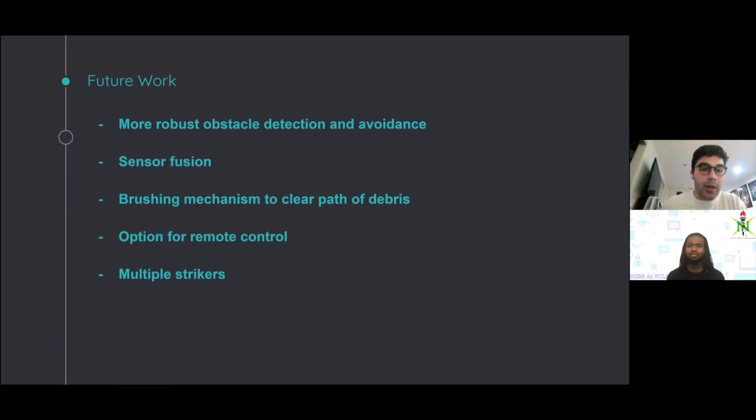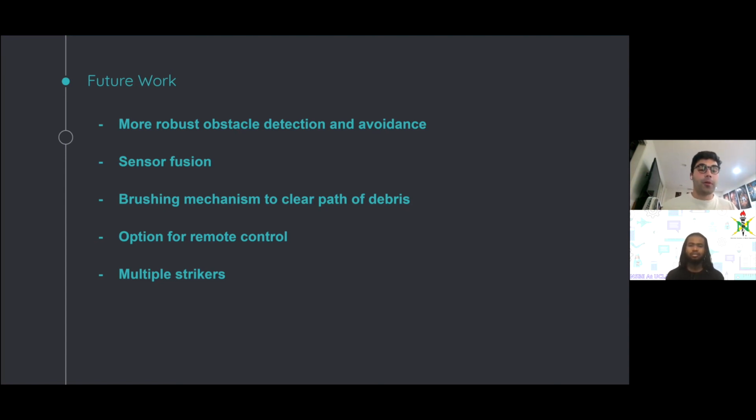So there's a couple of things that we would have liked to implement into our robot with more time. One of them being a more robust obstacle detection and avoidance system. We think it would be very important for the robot to be able to maneuver around obstacles and then get back on its track. And that's something that we would have liked to add to the robot with more time.